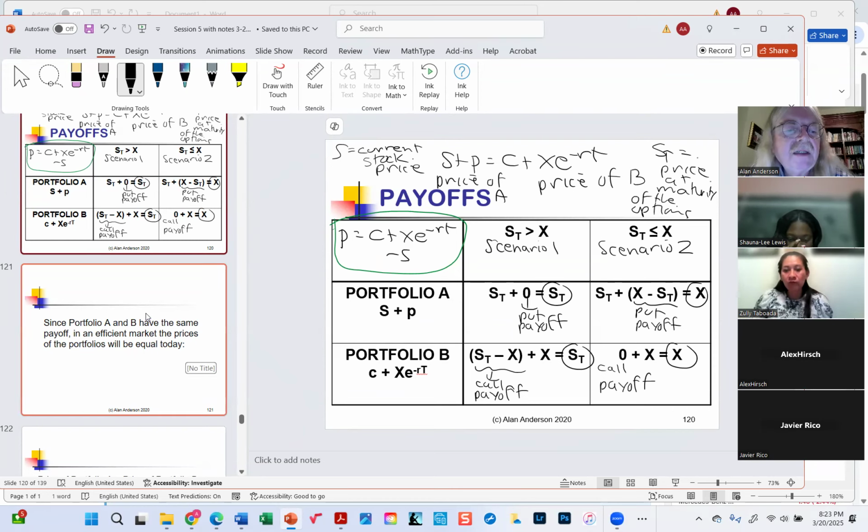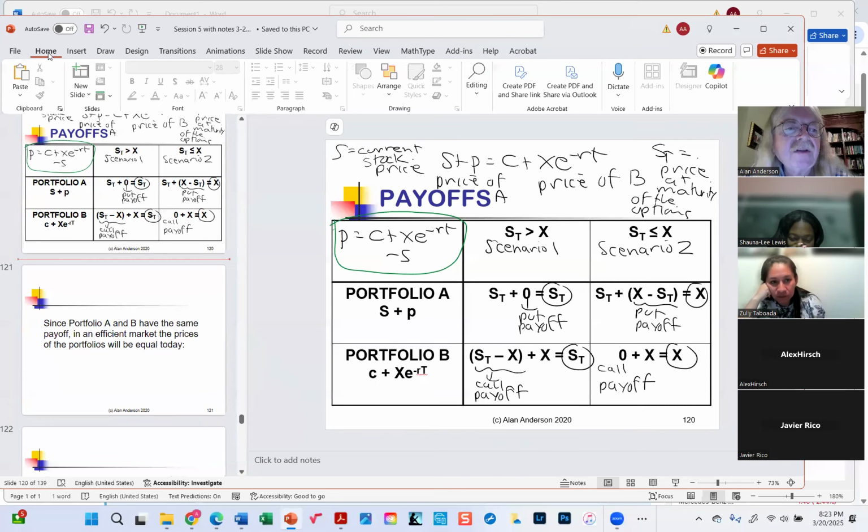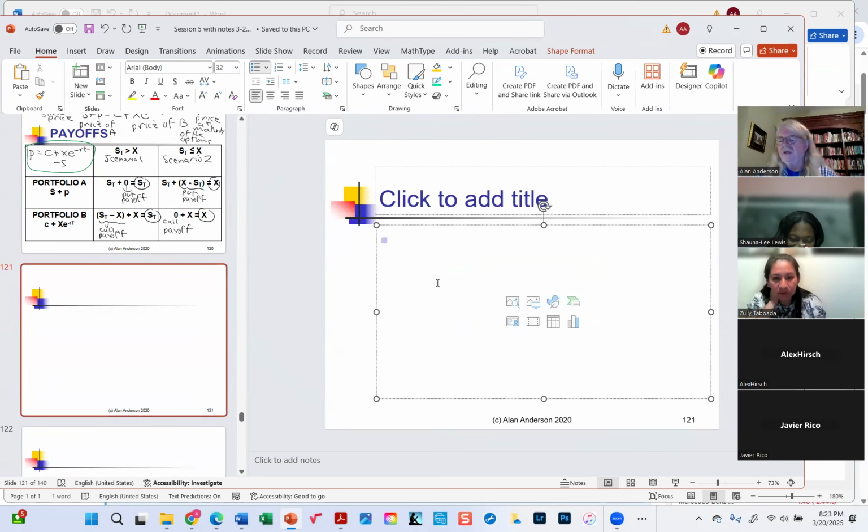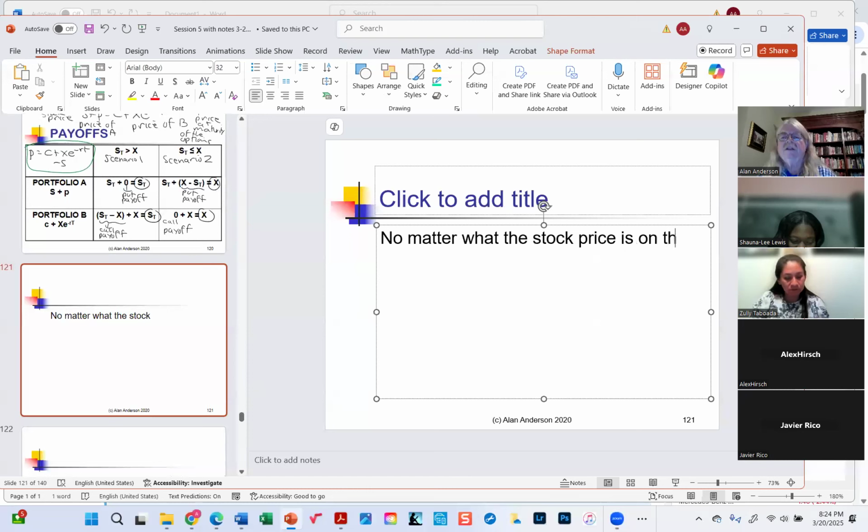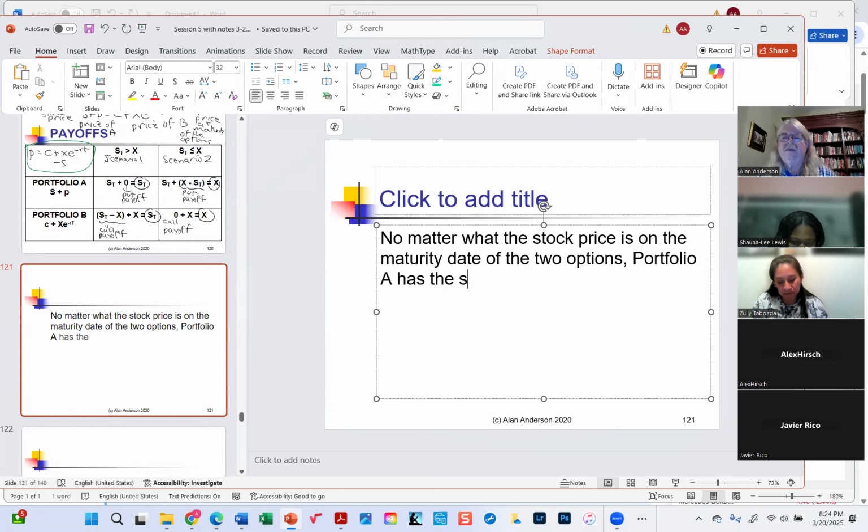So what this means then is that no matter what the stock price is on the maturity date of the two options, portfolio A has the same value as portfolio B. It's not the same in both scenarios, but what is important here is that A and B have the same value in the two scenarios.